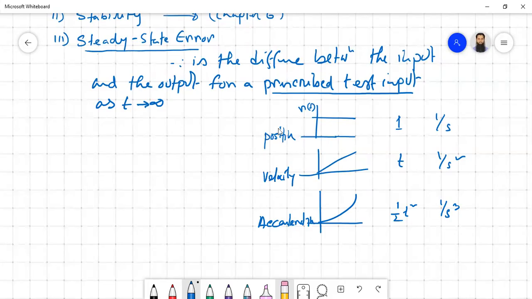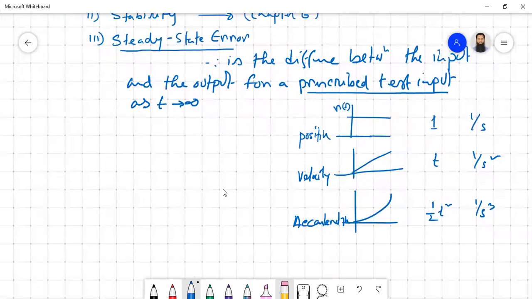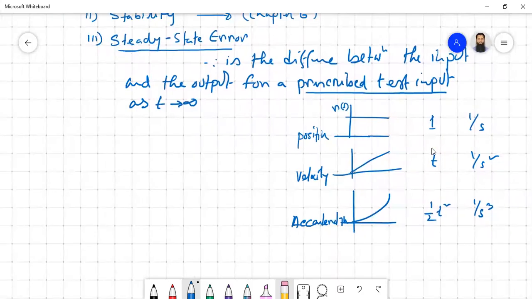So whenever one of these is applied, what is the difference between the input and the output as t tends to infinity? Just like a football match, what is the score at the end? This is what we are trying to find out.